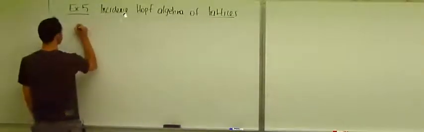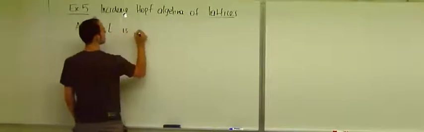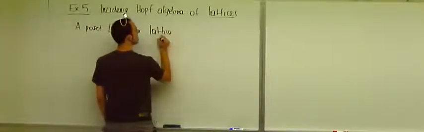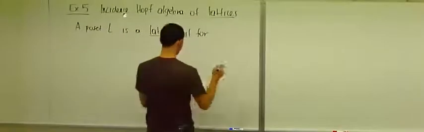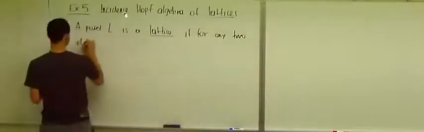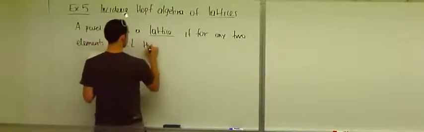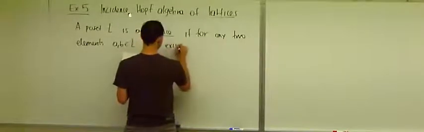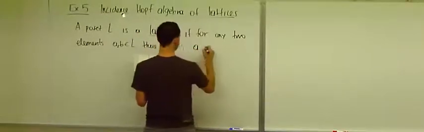So let me say that a poset L is a lattice if for every two elements A and B, there exist two elements called the join and the meet.